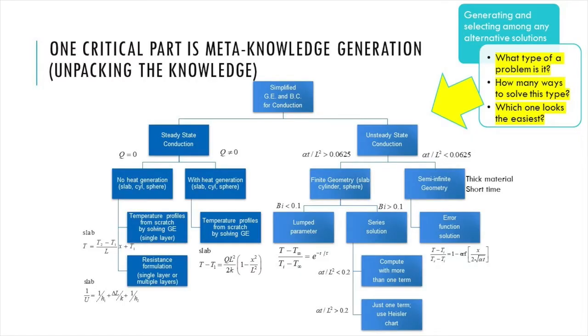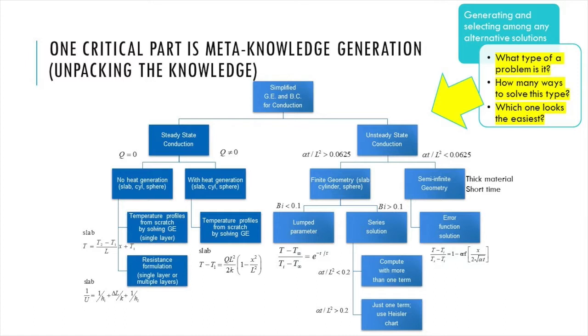This is now the other critical part of the process. It is to generate the meta-knowledge that relates all the different solutions. Once the solution tree is generated, like this one, for example, steady state, unsteady state, and so on, it is easy to traverse this tree for a given problem.